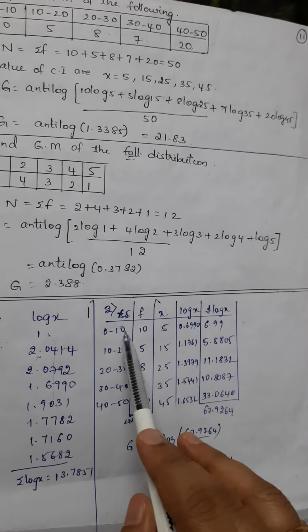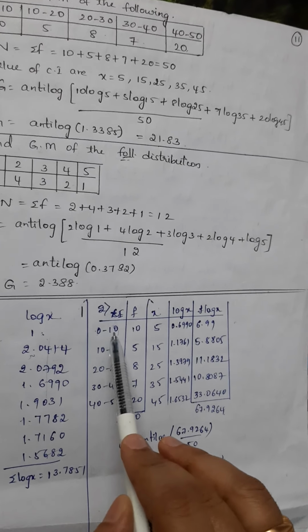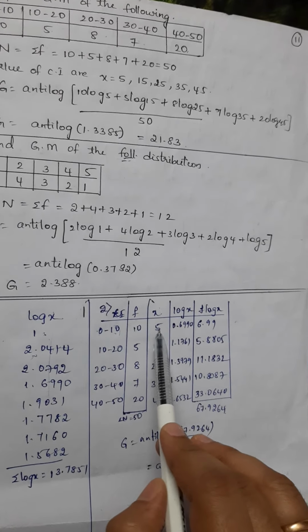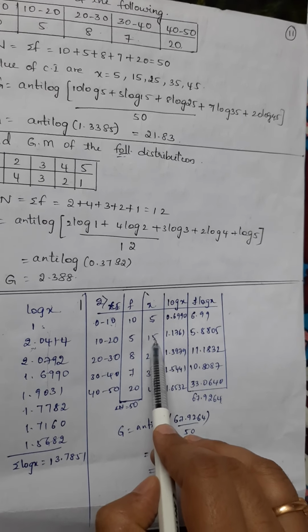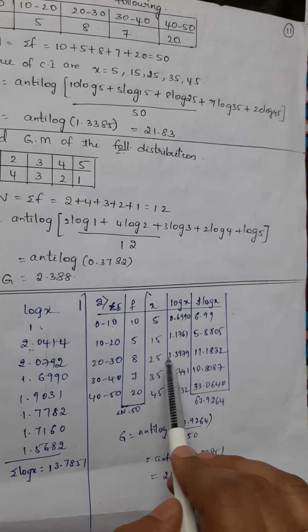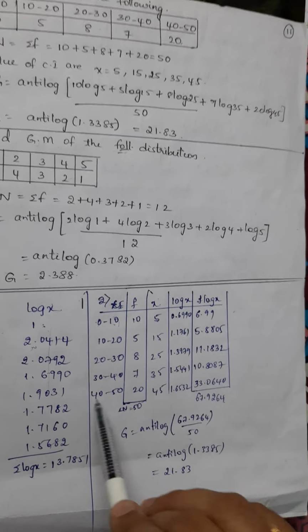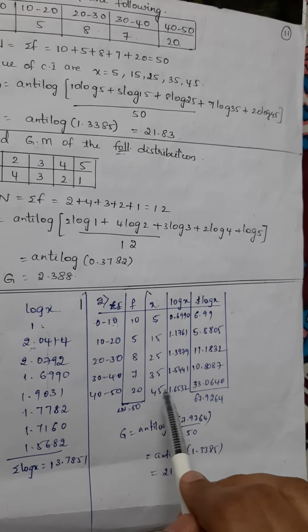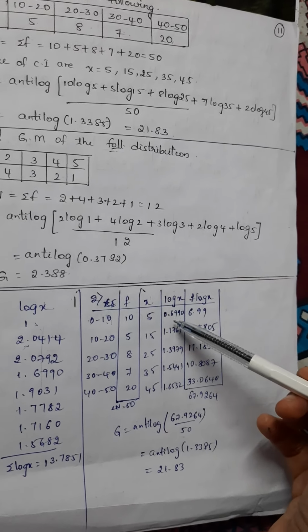This is calculated by adding the lower limit value plus upper limit value. 0 plus 10 divided by 2 gives me 5. 10 plus 20 divided by 2 gives me 15. 20 plus 30 divided by 2 is 25. 30 plus 40 divided by 2 is 35. 40 plus 50 divided by 2 is 45. I got x values. Then I should calculate log x.